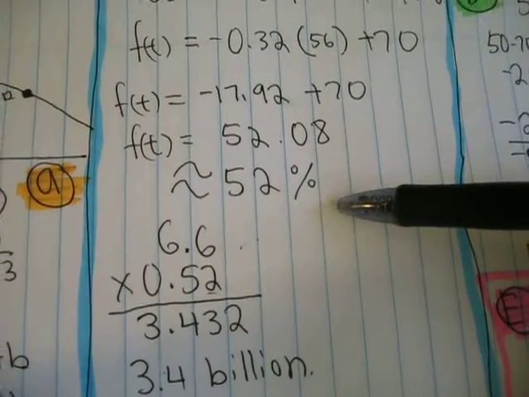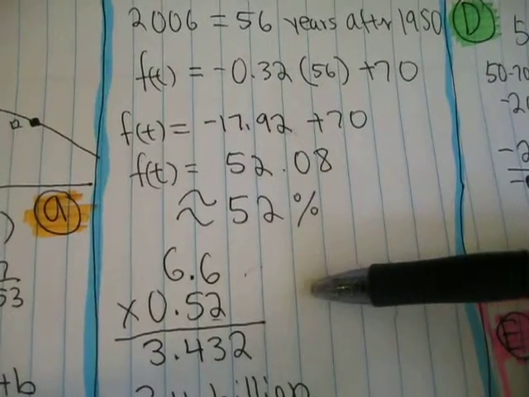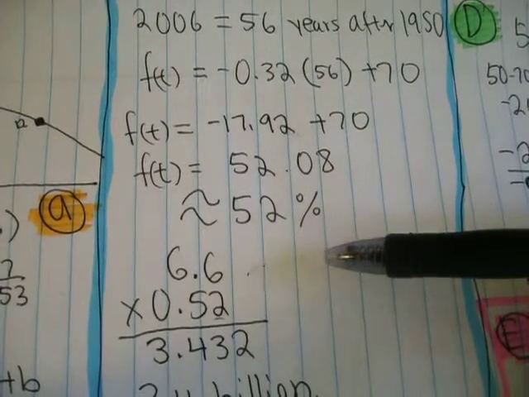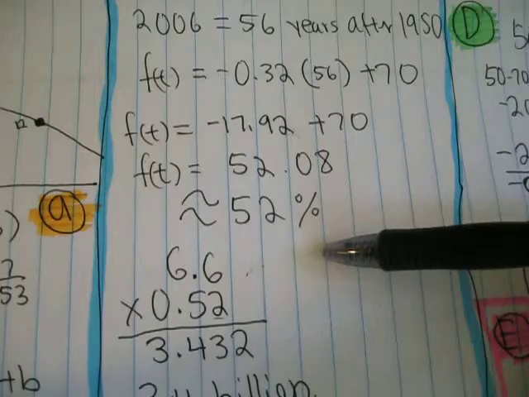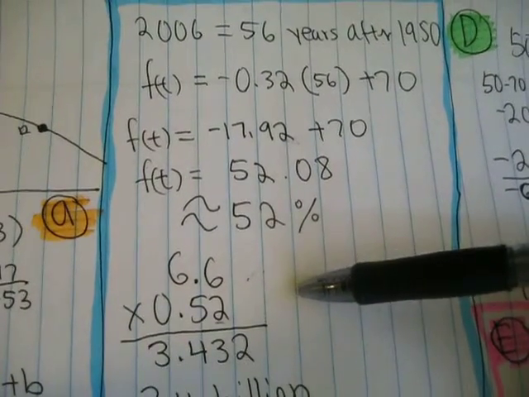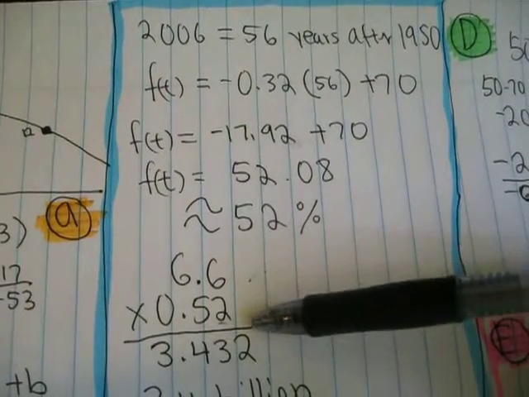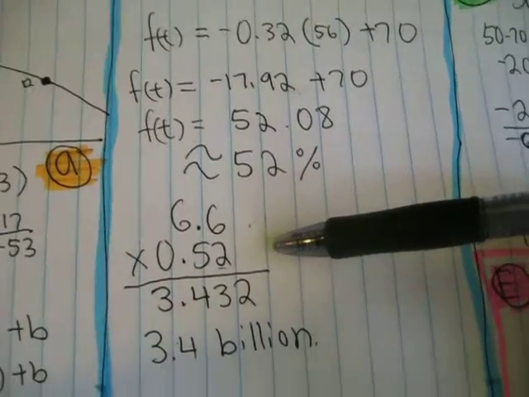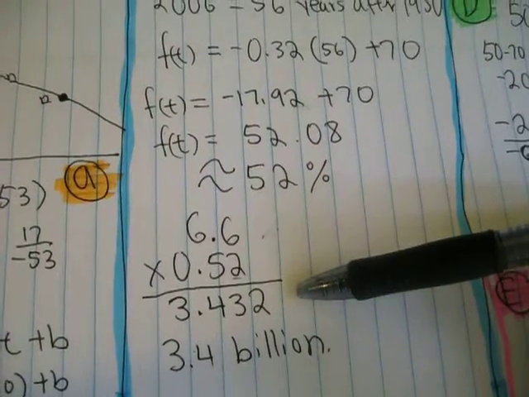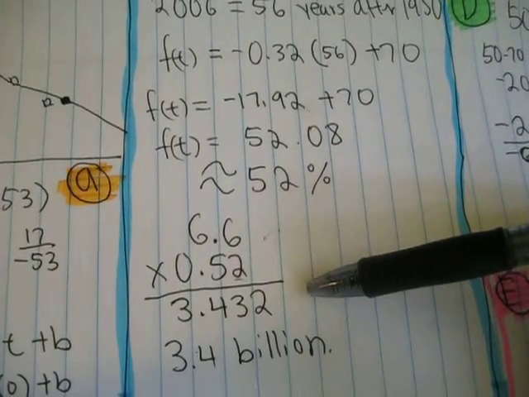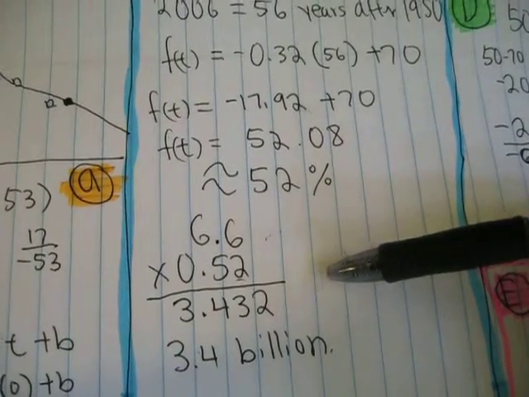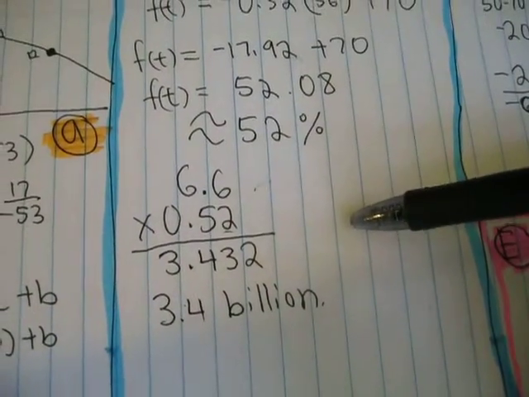So in 2006, 6.6 billion people lived on Earth, and so we make 52% into 0.52 and multiply it, and it will give us 3.432, which is approximately 3.4 billion.